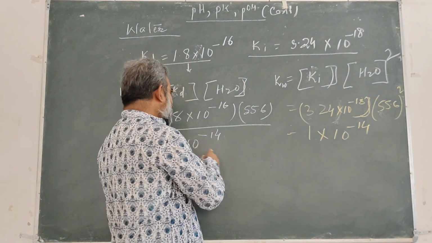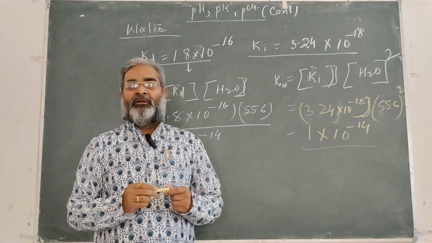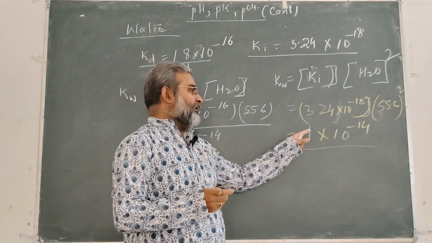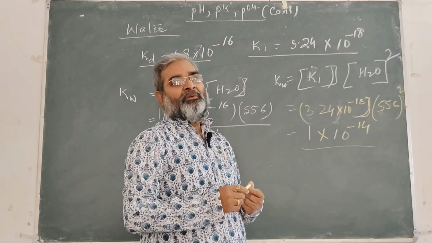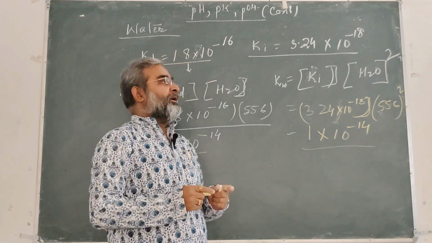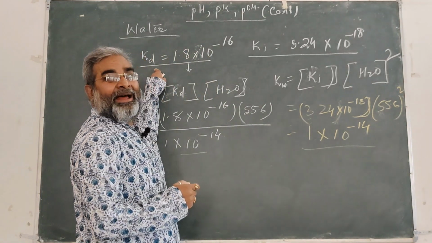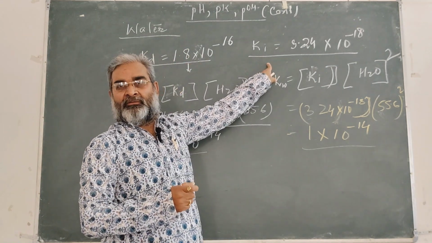Either we calculate by this way or by this way, the value is 1 into 10 minus 14. That is the value of Kw, kinetics of water. It is the value of kinetics of the direct dissociation. It is the value of kinetics of ionization.